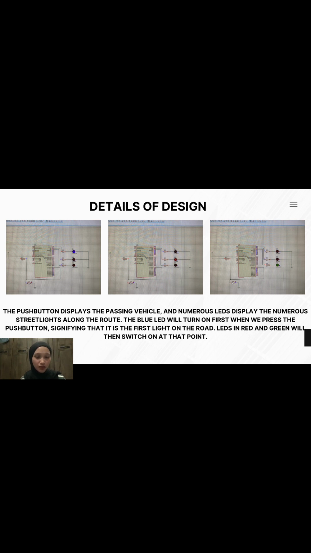The output connected to port B uses 3 resistors of 100 ohm and 3 LEDs of different colors. From our understanding, the passing vehicle is represented by the push button, and the numerous LEDs represent the numerous streetlights along the road.